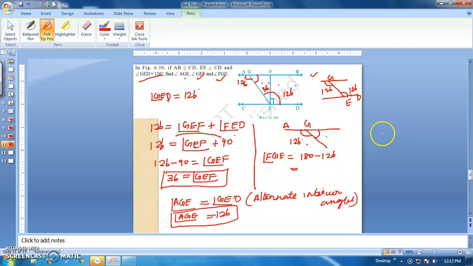Subtracting, we get 54 degrees. So angle FGE equal to 54 degrees.